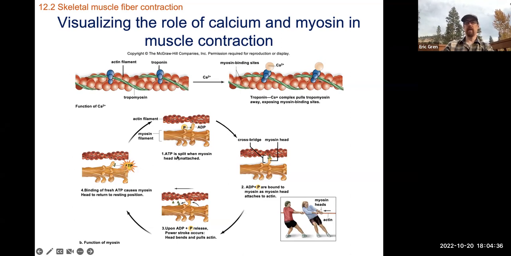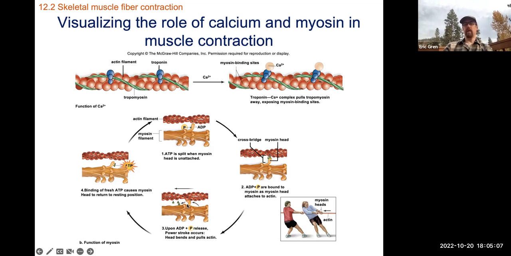We split the ATP to release that energy, and that happens right before the myosin head attaches to the actin. What's labeled step 2 here is that we form a cross bridge, a cross link between the myosin head and the binding site on the actin.